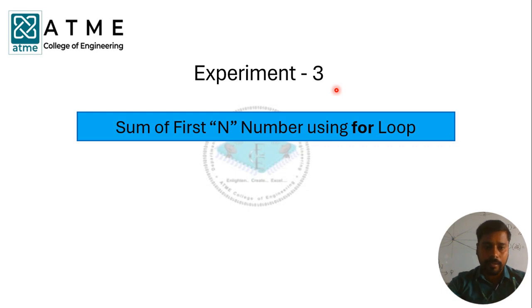So what is the basic logic in order to identify the sum of first n numbers? Say for example, first 10 numbers, what do you need to do logically?